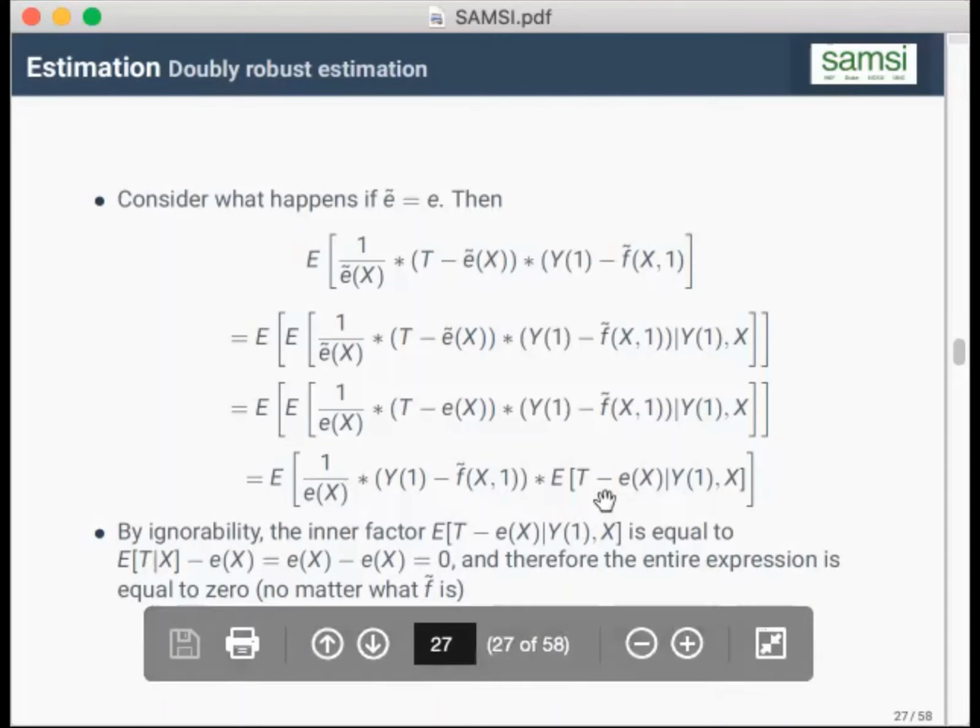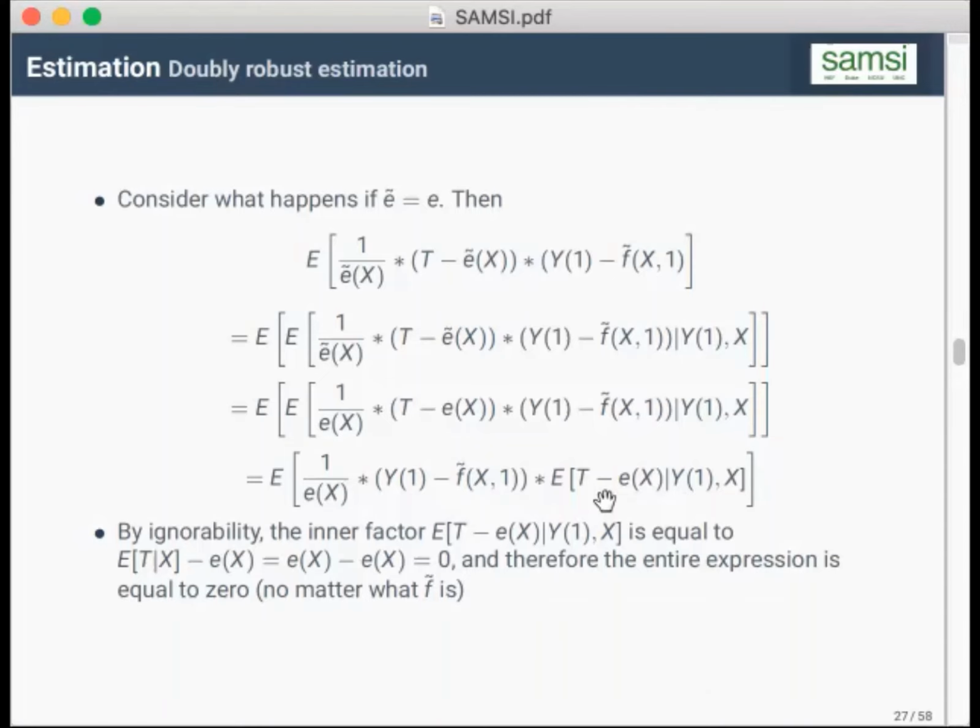So by the logic above, our doubly robust estimator mu1 will converge to what we want it to converge to, the expected value of the counterfactual under treatment equal to 1, if the propensity score model converges to the truth.